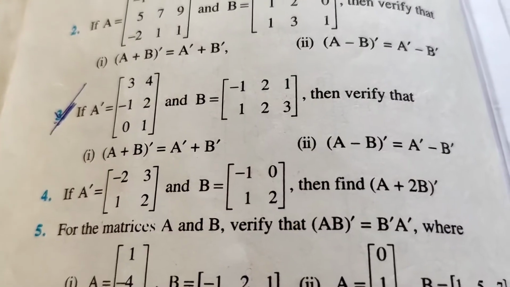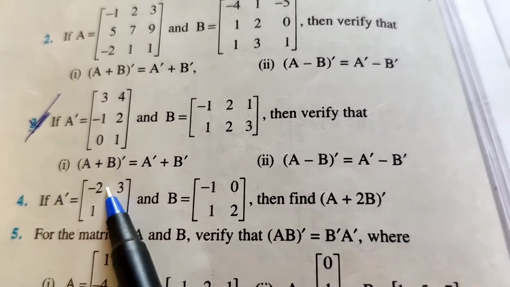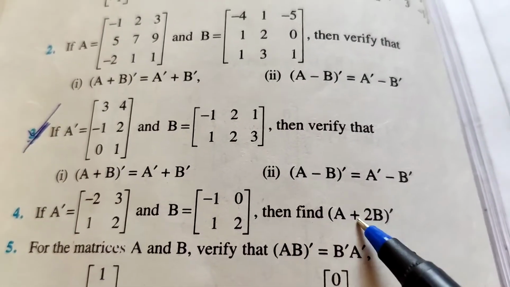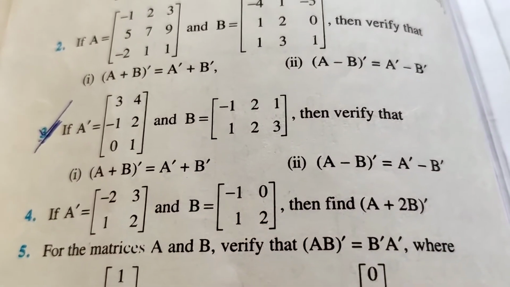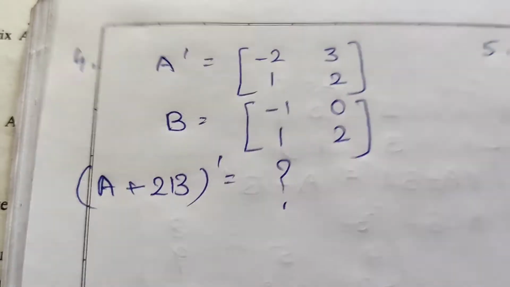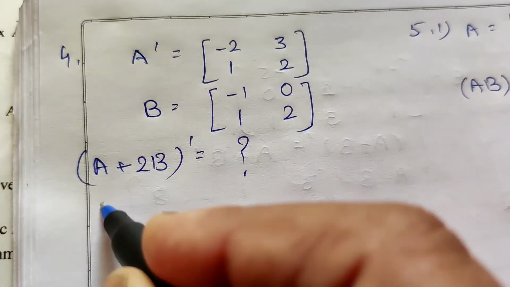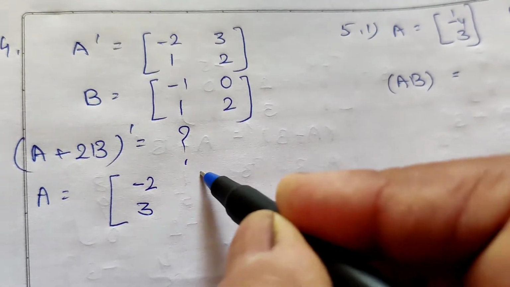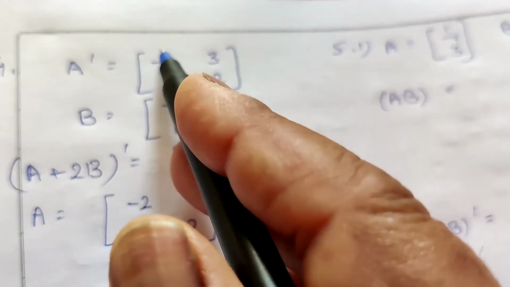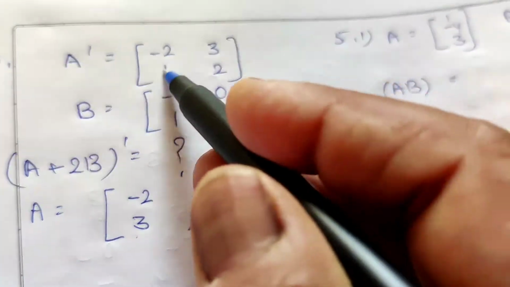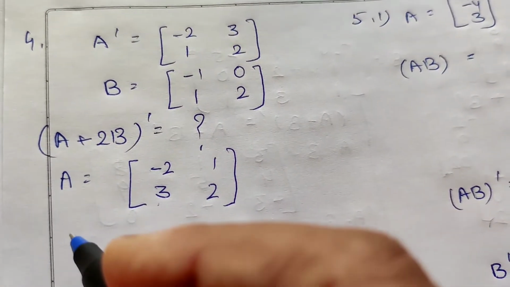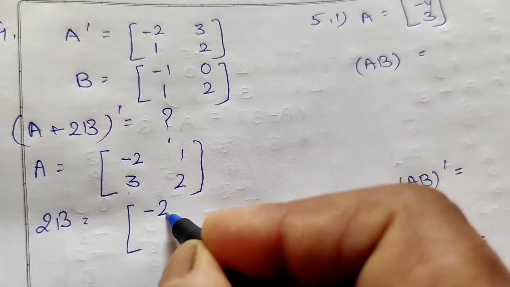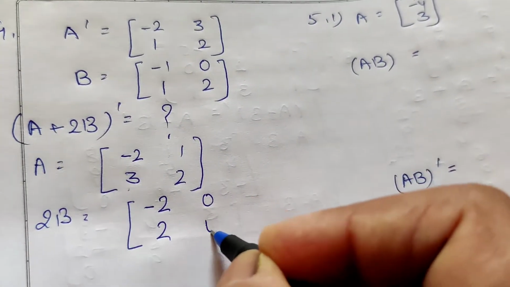Question number 4. If transpose of A equal to minus 2, 3, 1, 2 and B equal to this, then find the transpose of A plus 2B. Okay. A dash equal to this, it means A equal to minus 2, 3, 1, 2. Just convert rows into column form. And 2B equal to multiplied by 2 in each element: minus 2, 2, 0, 4.